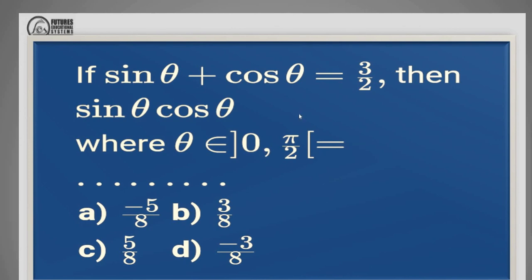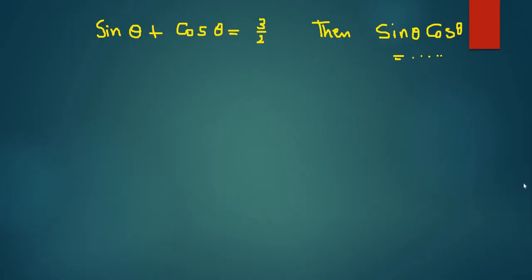Let's go to this example. To solve this example, we square both terms, the left hand side and the right hand side. From the left hand side, cancelling the bracket, it gives me sine power 2 theta, squaring the first term, and cosine power 2 theta, squaring the second term.